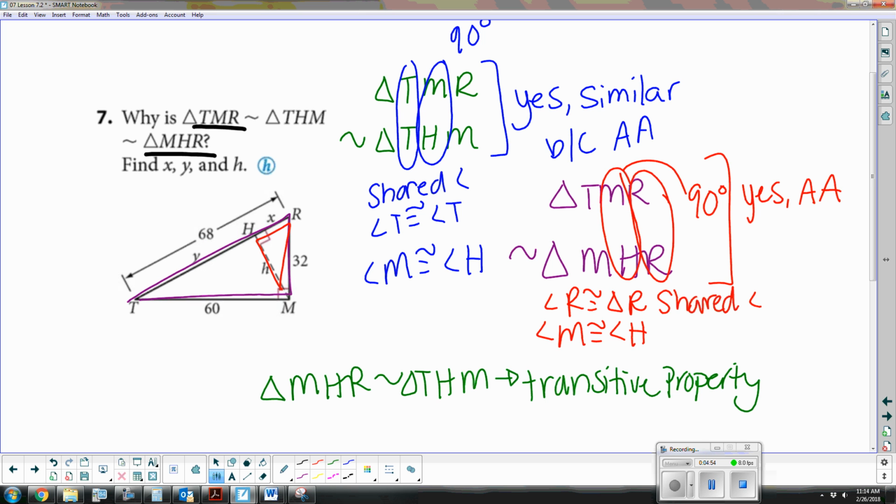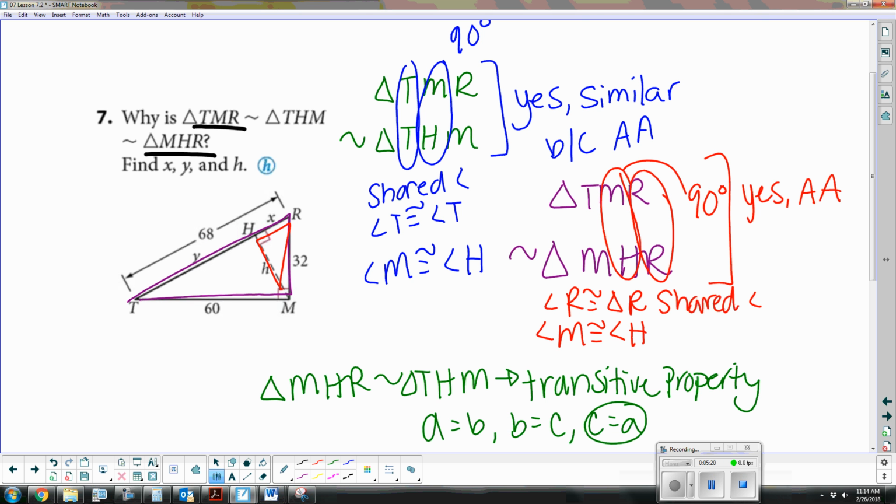So if TMR is similar to THM and TMR is also similar to MHR, therefore MHR and THM have to be similar. That's the if A equals B and B equals C, then C equals A. That's the transitive property, if you remember back from Algebra 1.